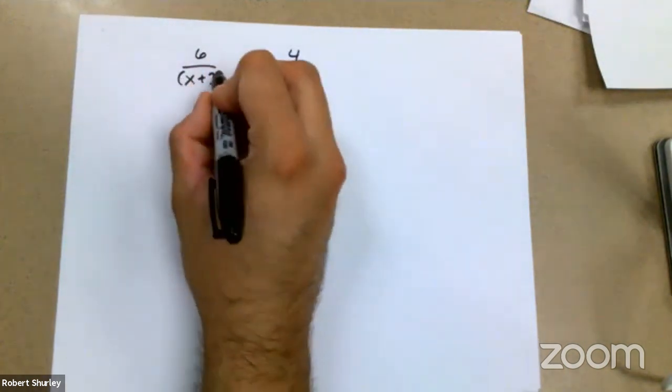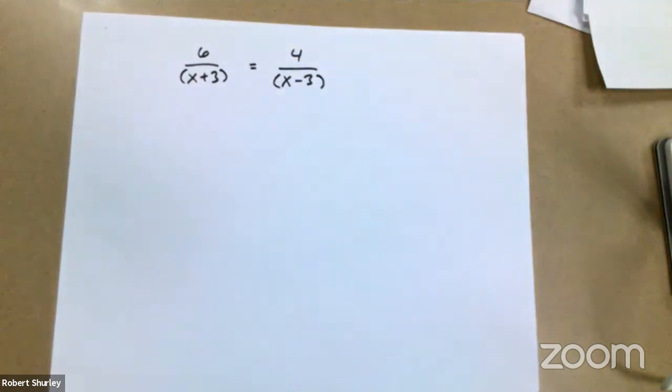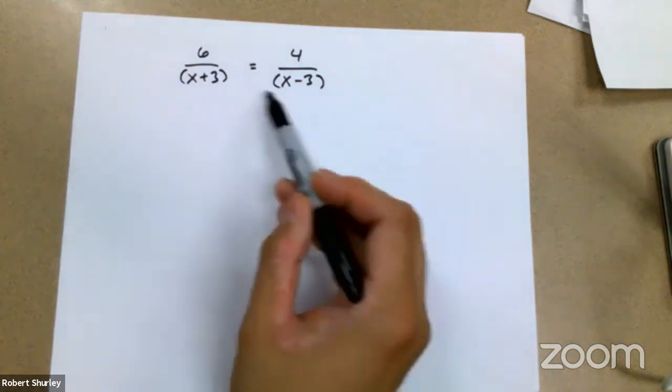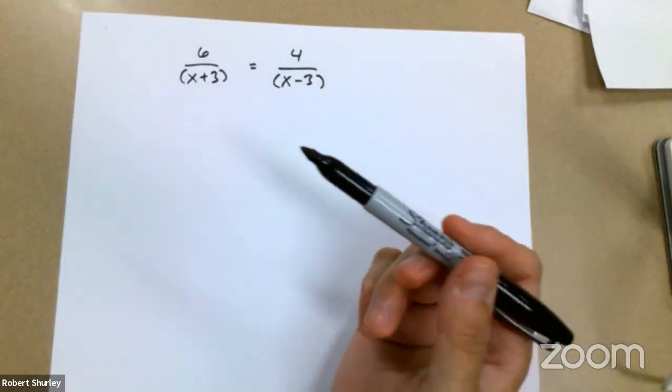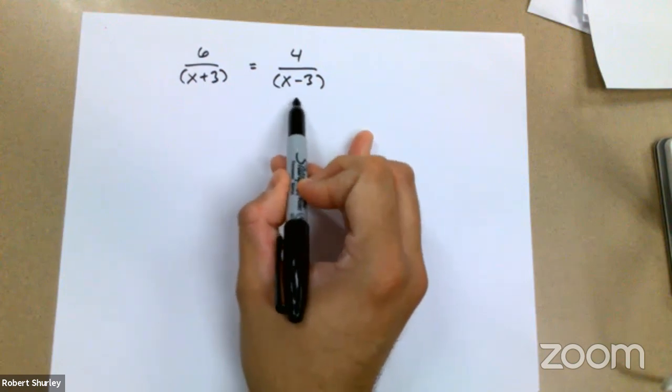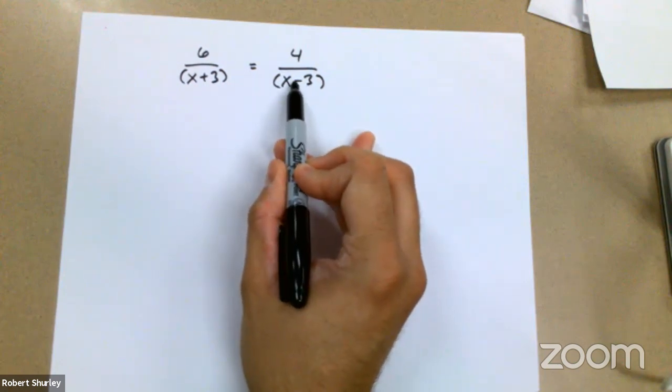Before I get started, I'm going to put parentheses around those denominators. And then I'm going to think, oh man, this stinks. If these were the same, it would be kind of easy, right? Our LCD would just be x plus 3 or x minus 3. If I do the trick, which rotates this, it doesn't change the sign.